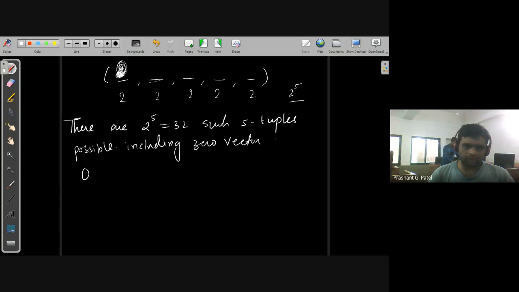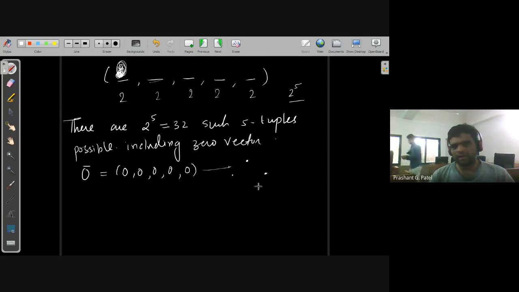That is 0 bar, that is 0, 0, 0, 0, 0. What does that mean? That means there are only the 4 vertices, no edges, and that is the representation of the null graph.